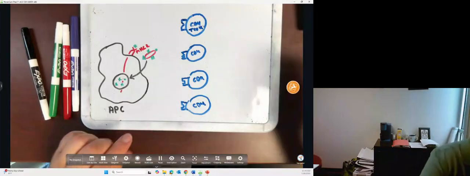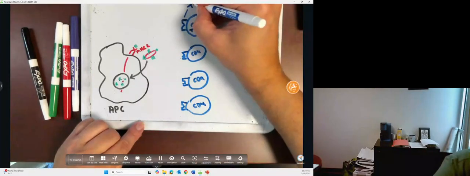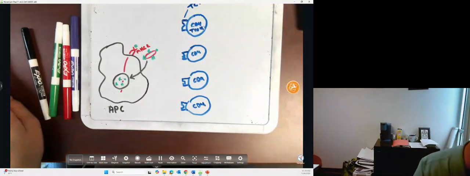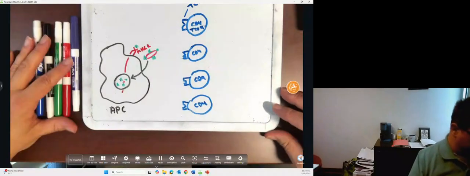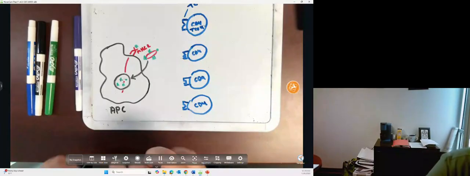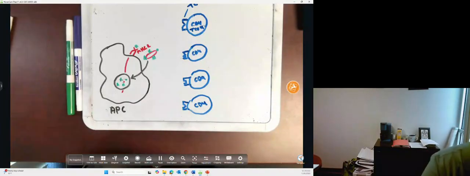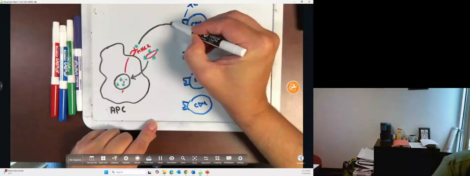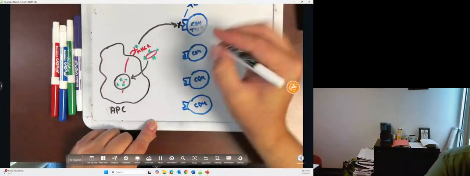These are called T cell receptors, TCRs. Now, this APC is going to come in, and it's going to take this antigen that is displayed and be like, nope, I don't fit there.